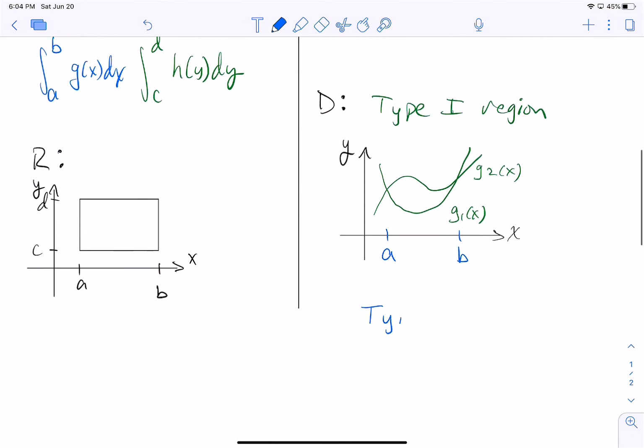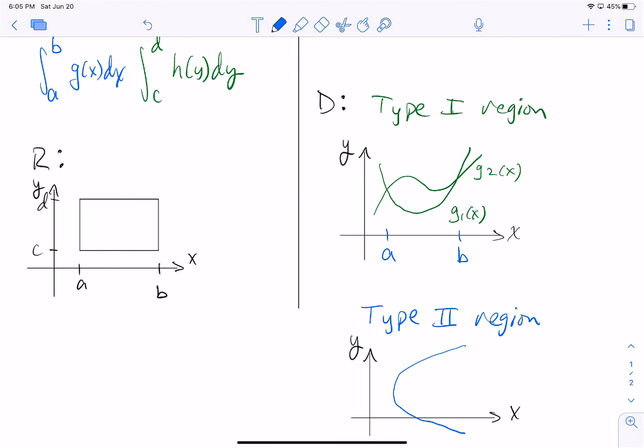And that looks like maybe something like this, where we have a lower limit of integration function h1 of y and an upper limit of integration function h2 of y. And in this case, y goes from c to d.